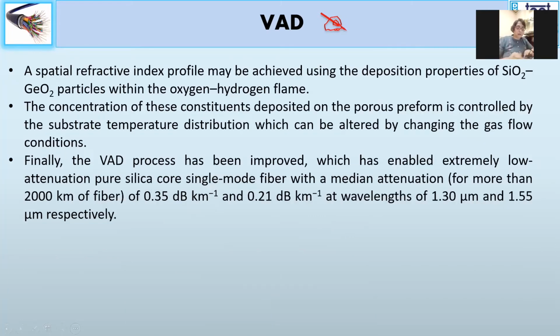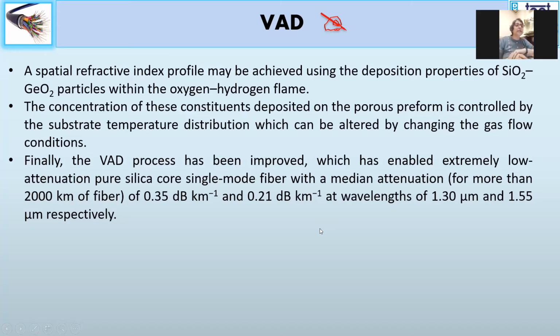Okay. So, I have already talked about this. This method could give you attenuation as low as that of pure silica, with a medium attenuation of 0.35 dB per kilometer, 0.21 dB at the wavelengths of 1.3 and 1.55 micrometers.